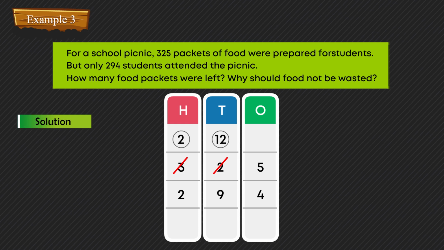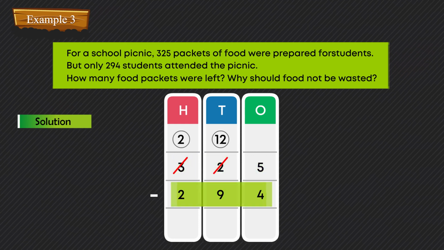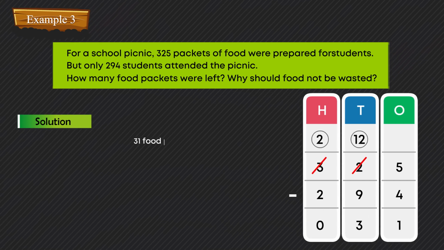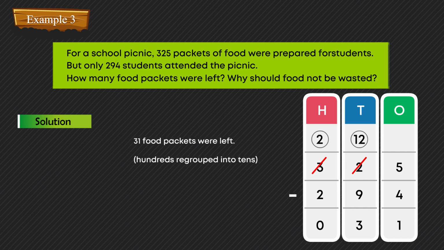Solution. 325 minus 294 is equal to 31. 31 food packets were left. Hundreds regrouped into tens.